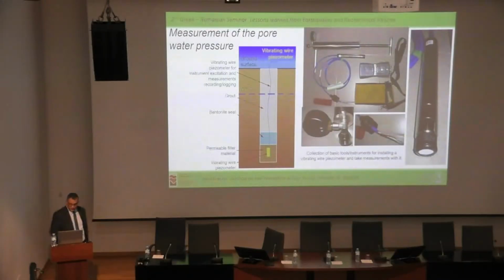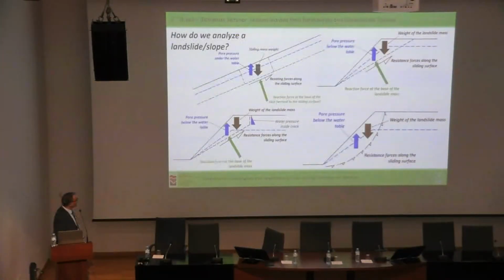And then, how do we make our analysis? Usually, even until today, we will use limit equilibrium and various geometries in order to make assumptions, essentially, of how our sliding blocks are moving.